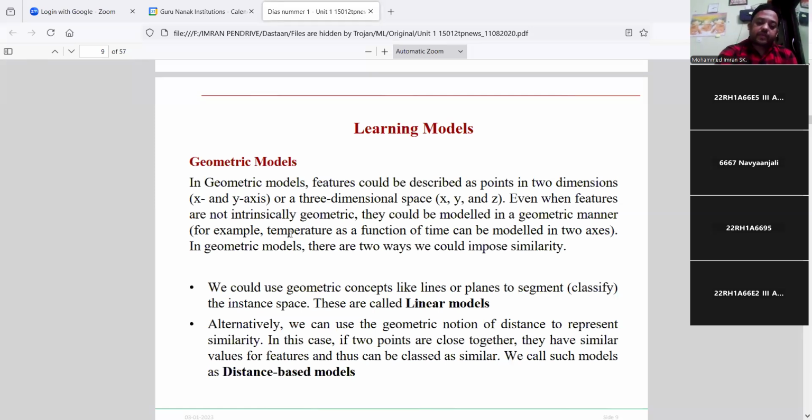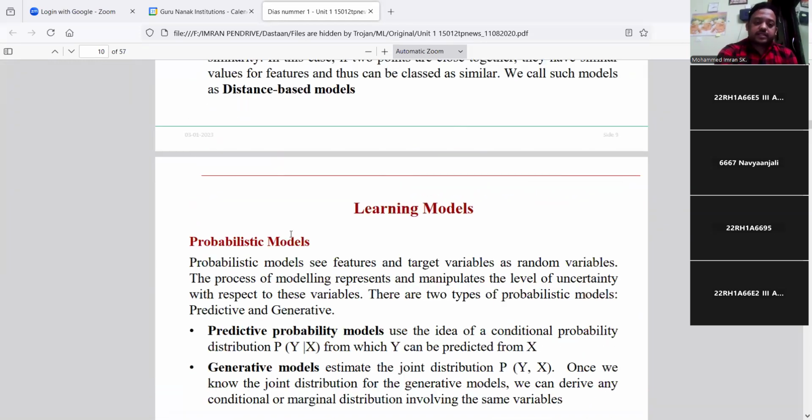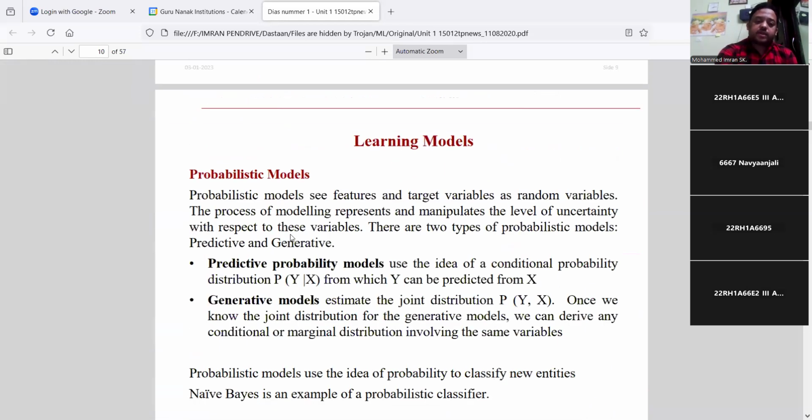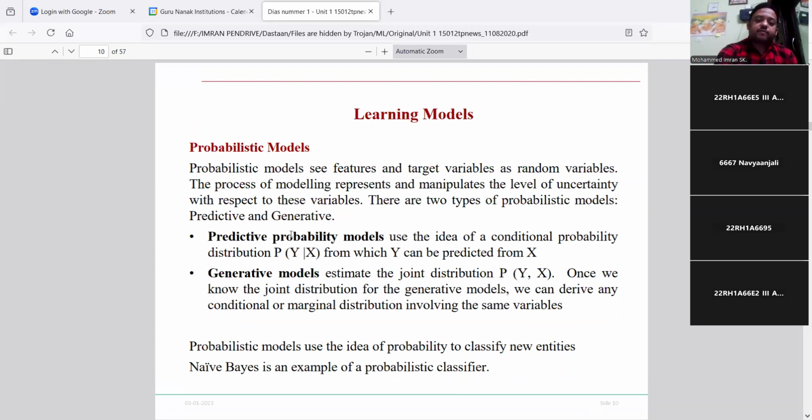Again, probabilistic models see the features and target variables as random variables. The process of modeling represents and even manipulates the level of uncertainty with respect to these variables.